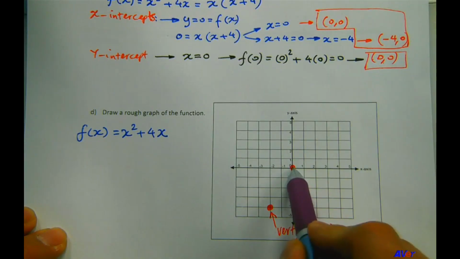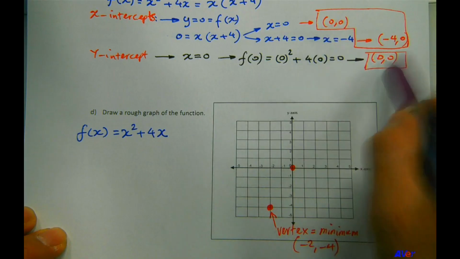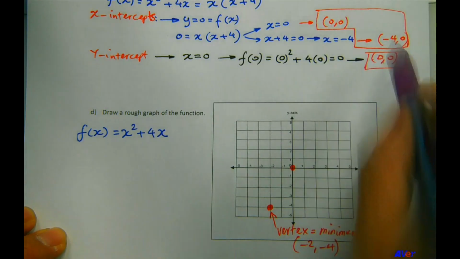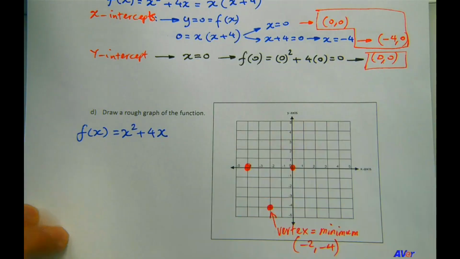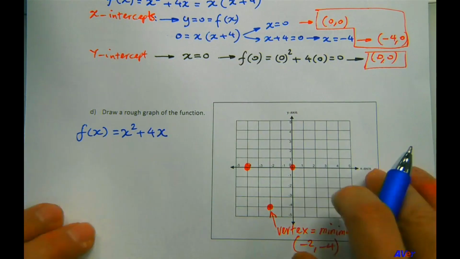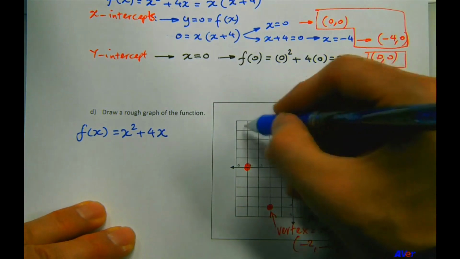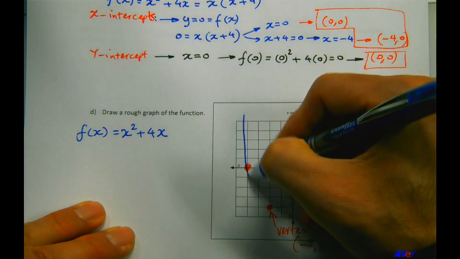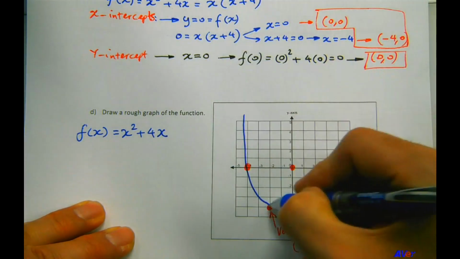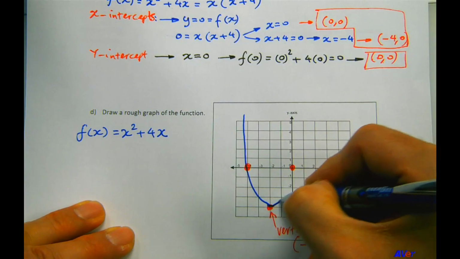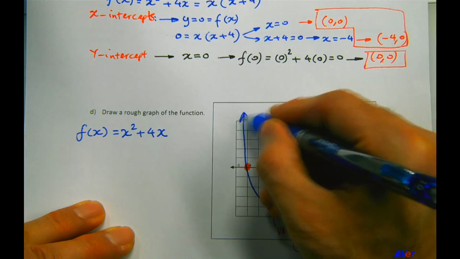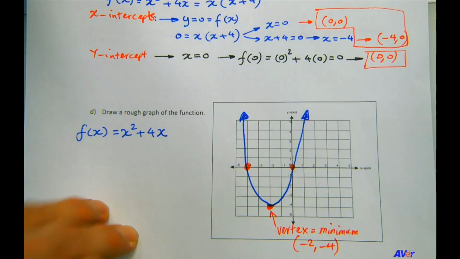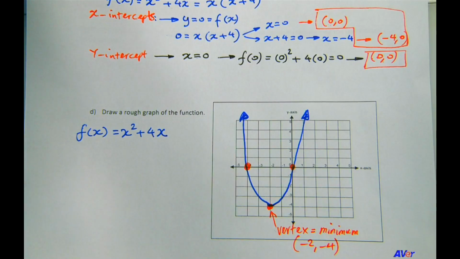There is one at (0, 0), and then this one, an x-intercept at (-4, 0), which would be this point. So let's try to connect these points with a smooth curve, like that. So that's a rough sketch of that quadratic function.